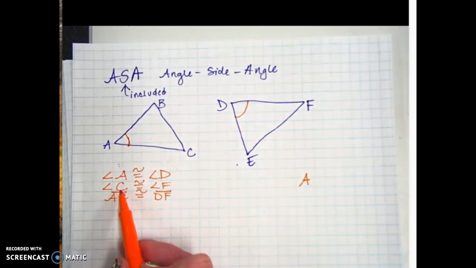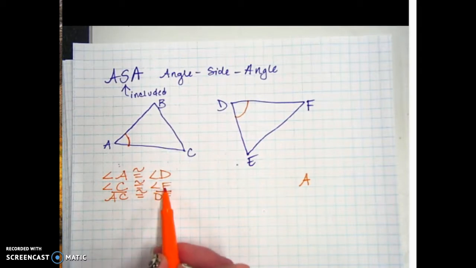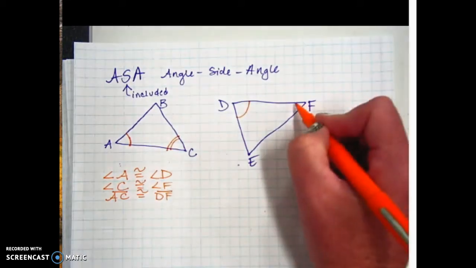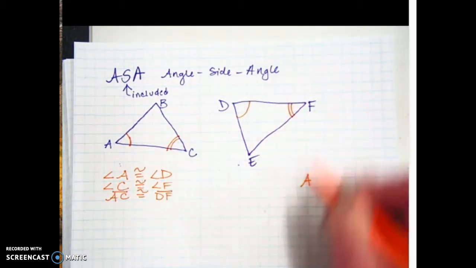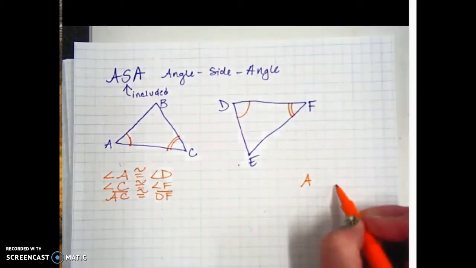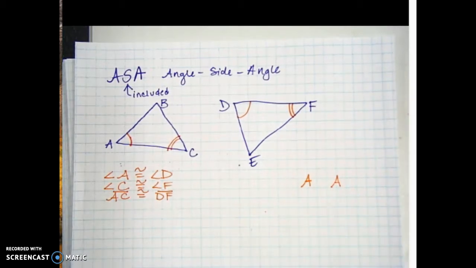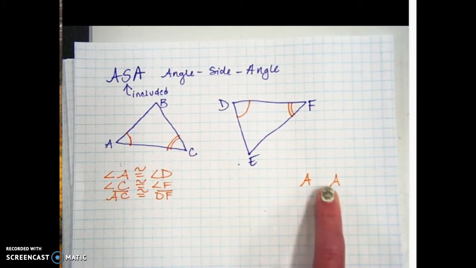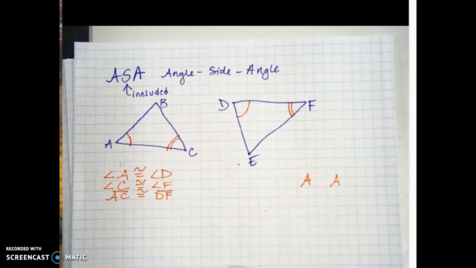Then the next statement says angle C is congruent to angle F. So we're going to put a double arc at angle C, and we're going to put a double arc at angle F, and we have another A. We have an A and an A, but we want that side to be in the middle. So let's check.